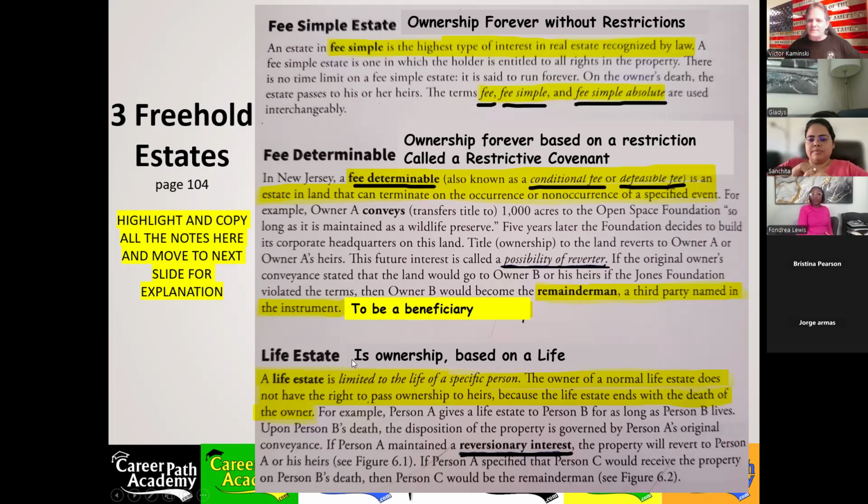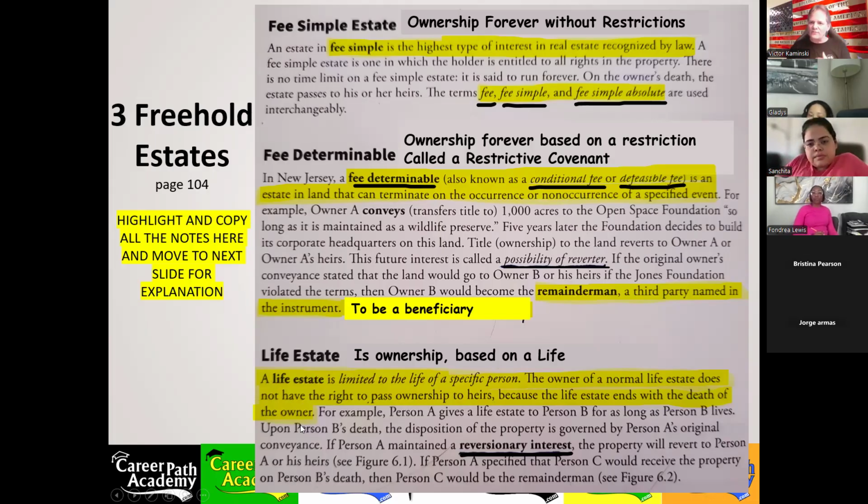Now, a life estate is ownership, but it's based on a life. So a life estate is limited to the life of a specific person. The owner of a normal life estate does not have the right to pass ownership to their heirs, because a life estate ends with the death of the owner who was granted the life estate.